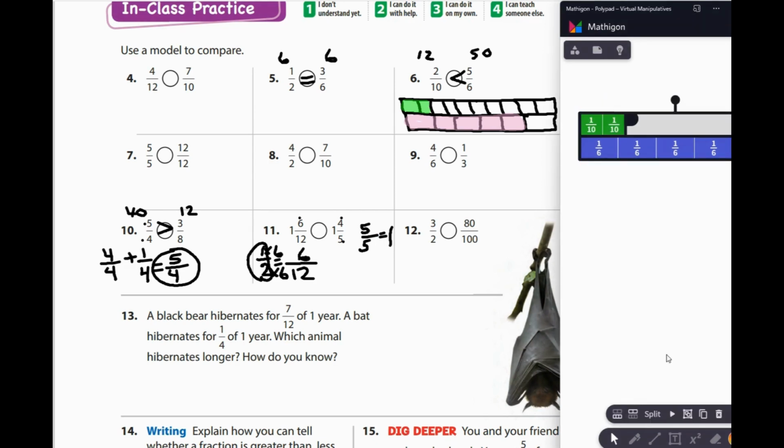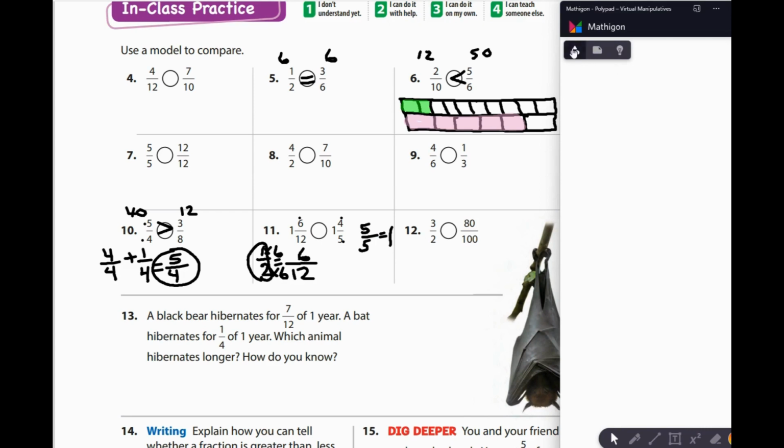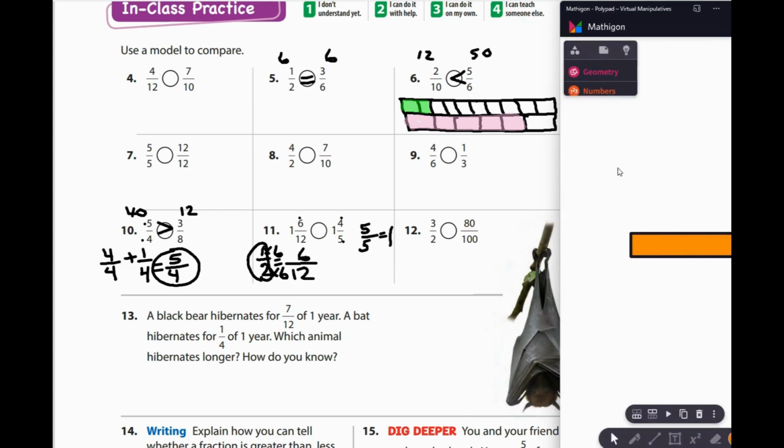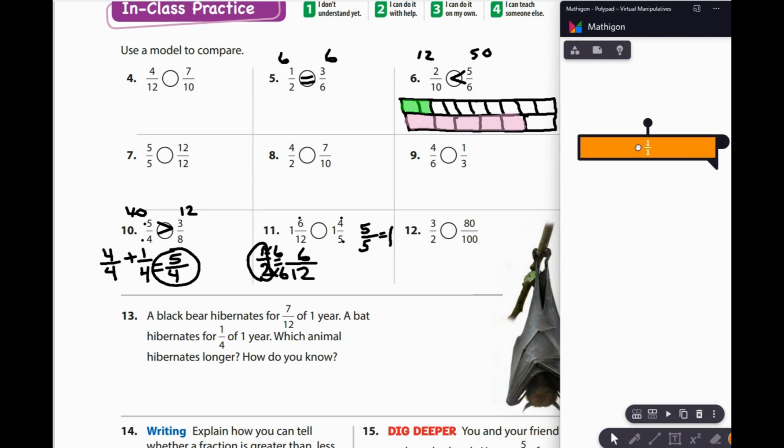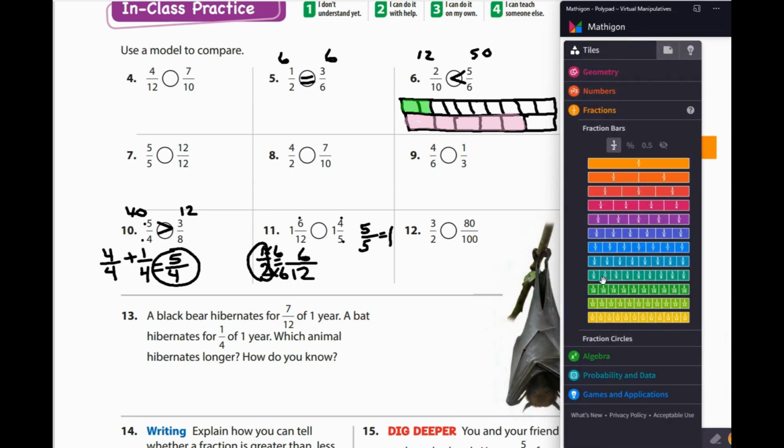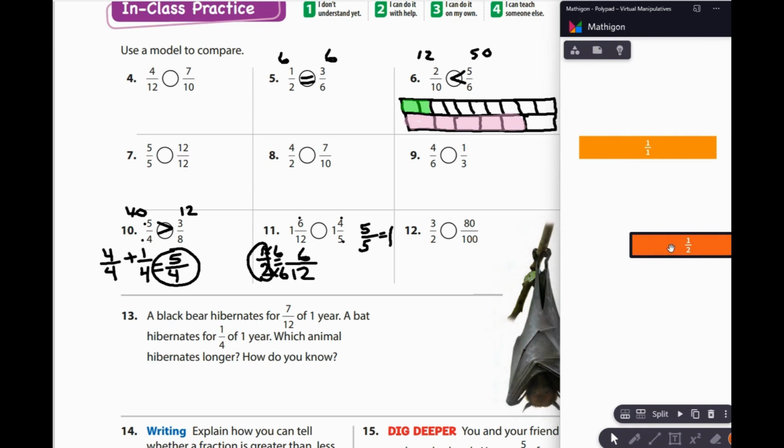Based on that, I'm going to show you with images so that you can see. Here's my whole part. Now I'm going to compare half.